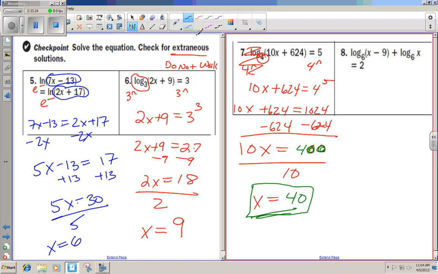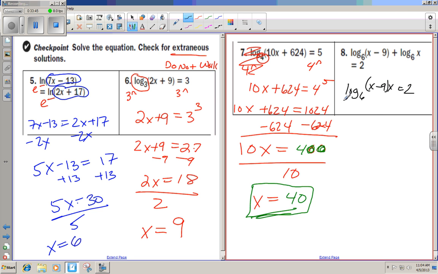All right, take a look now at the last example. This is where, again, we have to condense. Log base 6, log plus log base 6, that is the product property. So it should be log base 6 of x minus 9 times x equals 2.